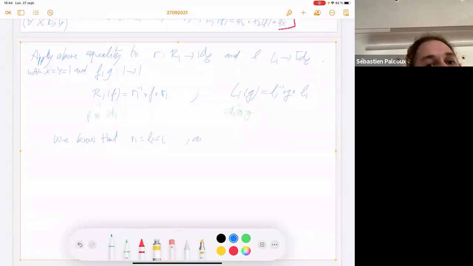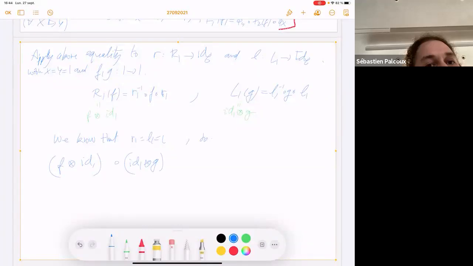And so F tensor ID1 composed with ID1 tensor G. So you compose the two above.